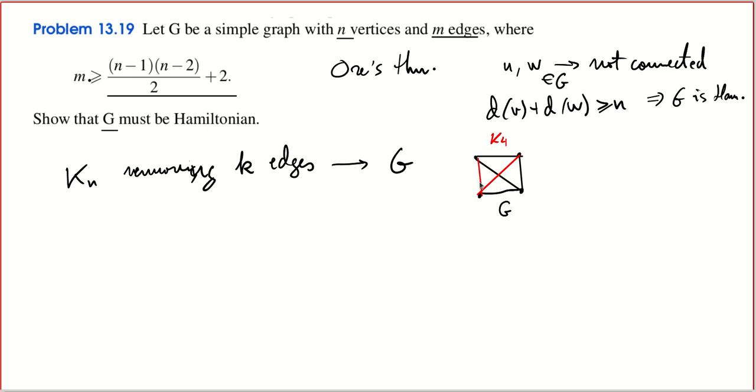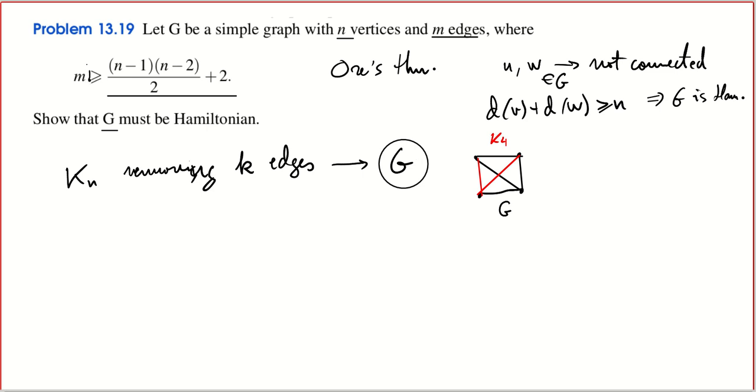So you can always think of a simple graph this way, as the complete graph in which you remove some edges until you are left with the graph G.